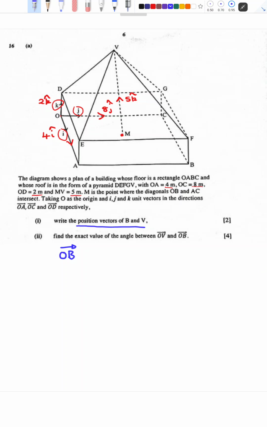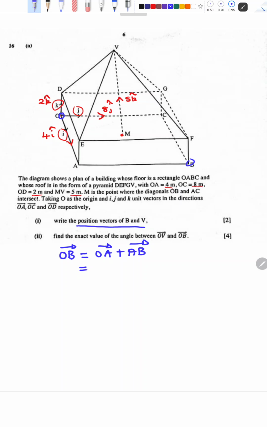So the position vector of B is OB. So we want to move from point O up to point B. Let us find the route. You can move from O to A first, then you proceed from A up to B. I hope you are following, class.